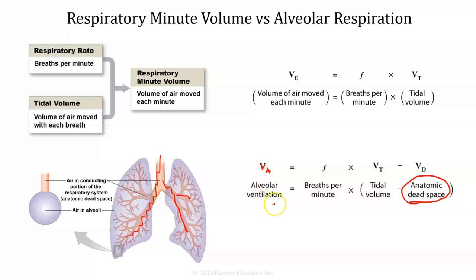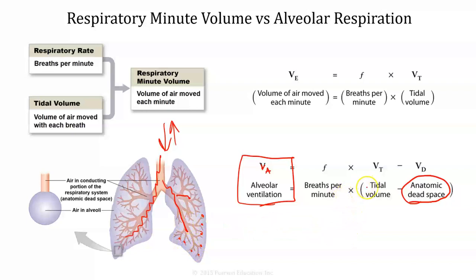And so the alveolar ventilation tells you not only how much air you moved into and out of your lungs, but specifically how much air you got into and out of the alveoli. That's probably a more physiologically relevant metric because it helps you understand how much air is getting to the actual site where gas exchange is going to occur.